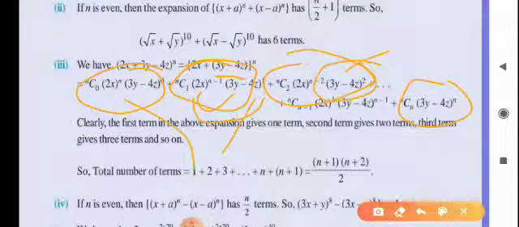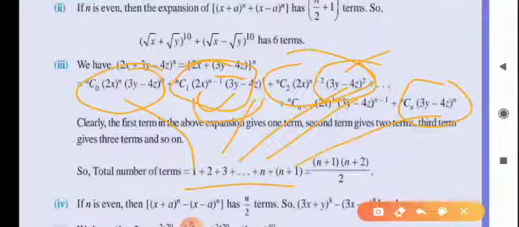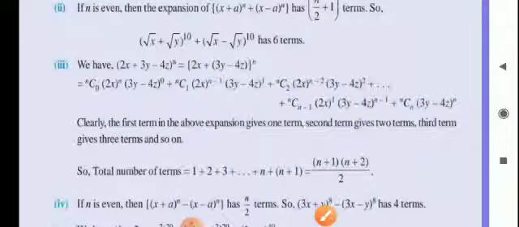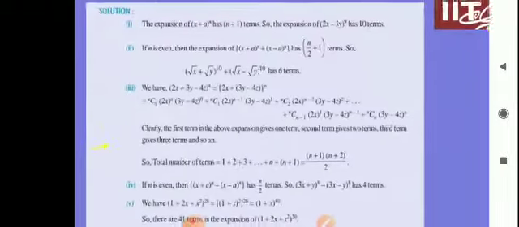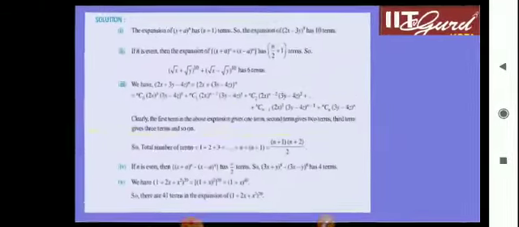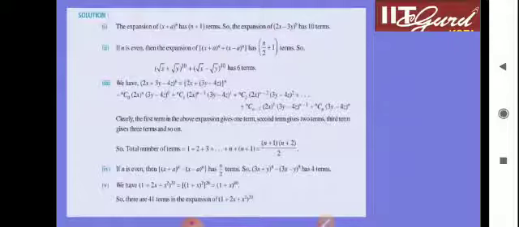So if you multiply with 2x to the power n minus 2 in each and every term, you will get 3 different terms, and so on, n terms, and last, n plus 1 terms. And hence if you sum this, this is the sum of first n plus 1 natural numbers. That is the answer. Okay, so hope you are getting that. That is the final answer. Let's do some more questions.